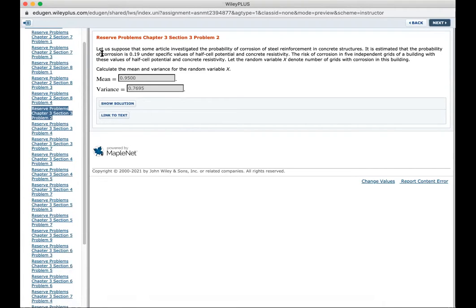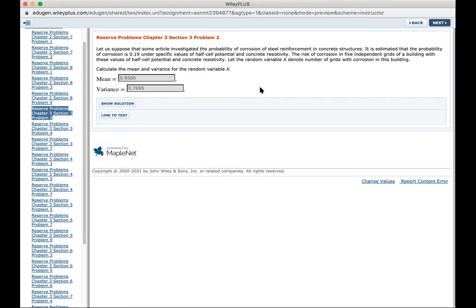Let us suppose that some article investigated the probability of corrosion of steel reinforcement in concrete structures. It is estimated that the probability of corrosion is 0.19 under specific values of half cell potential and concrete resistivity.